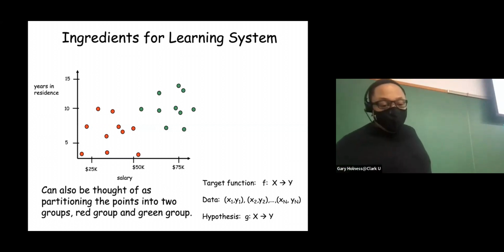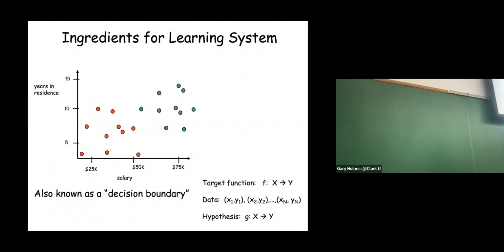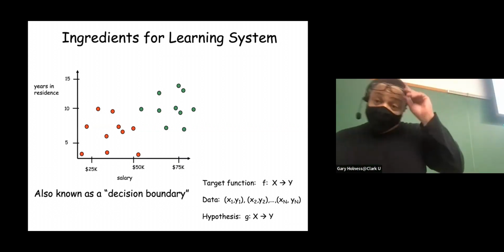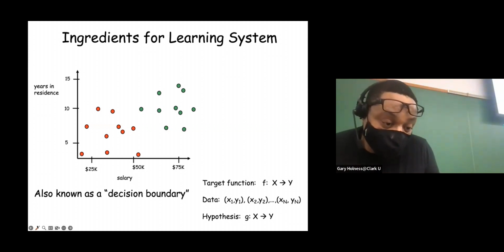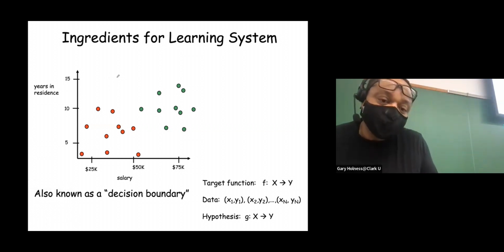You can also think of this function as something called a decision boundary. That function, drawn in feature space, is this seam that decides whether or not some individual represented as a data point is an approval or a denial.